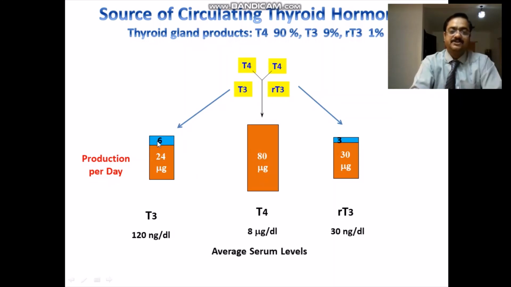This is peripheral conversion. Then reverse T3 is again 30 micrograms, of which 3 microgram is peripheral conversion. So the average serum level of T4 is 8 microgram per dl, T3 is 120 nanogram per dl, and reverse T3 is 30 nanogram per dl.